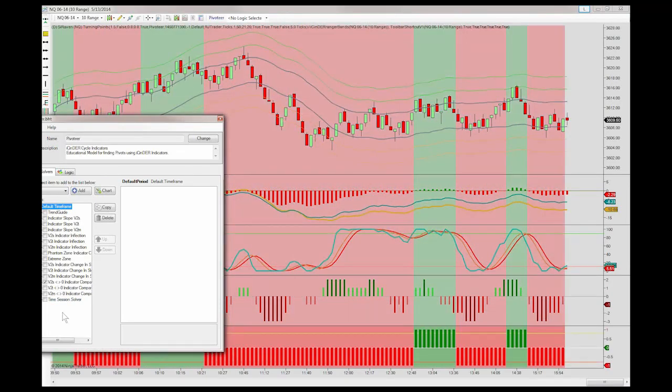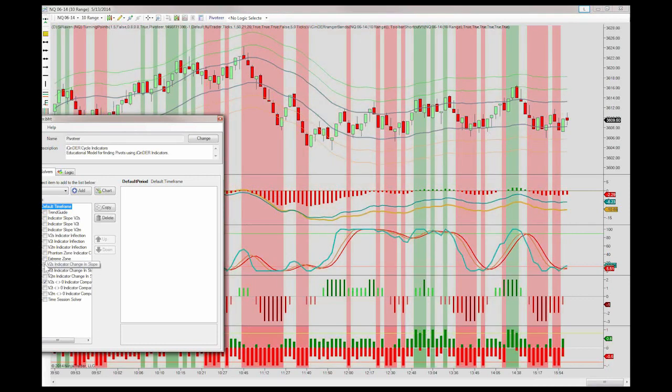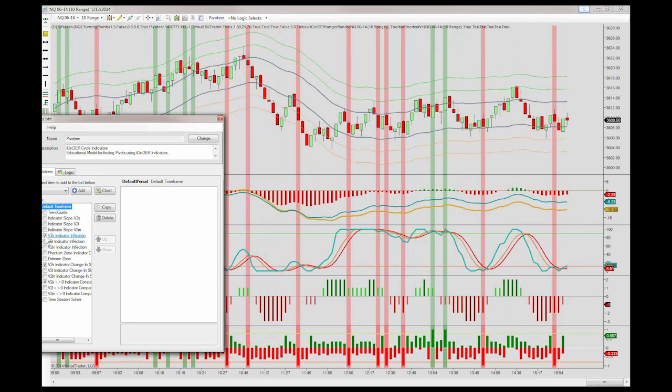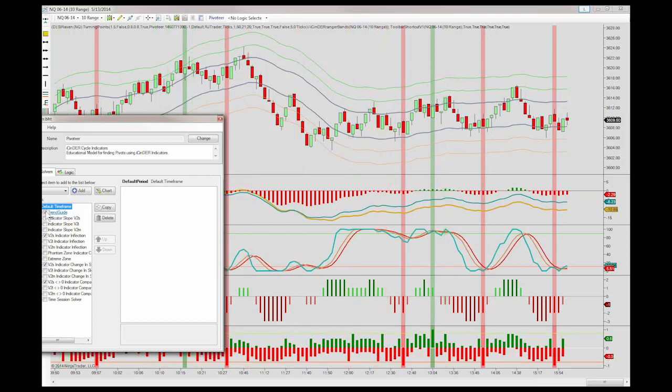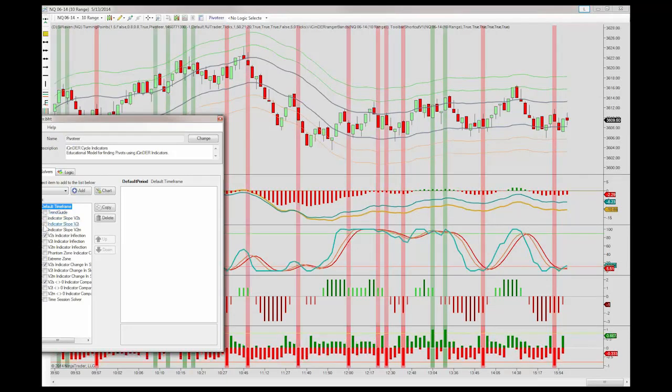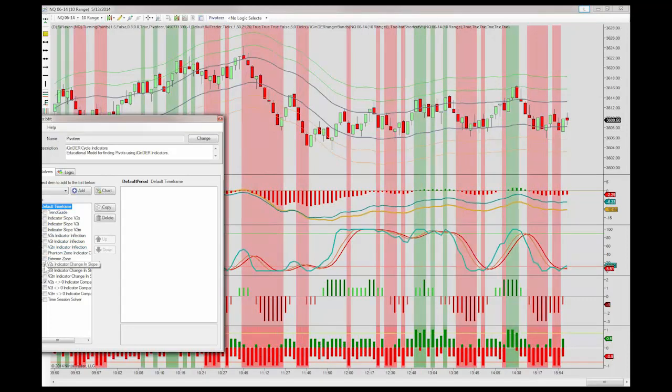I want it to be greater than 0. I want to make sure that there's a direction change. And I also want to see the inflection. And now I see the inflection, the points where it's actually moving either up or down, bullish or bearish. And I could add trend guide to that too. And then those are the points where you have a trend guide value change. That's neat and that's interesting.